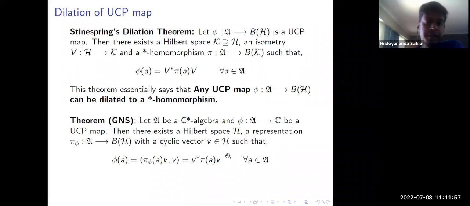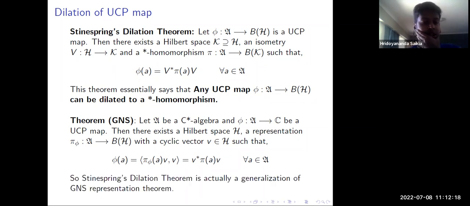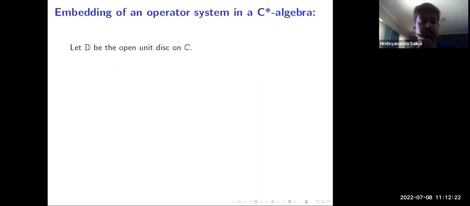This idea of dilation has a separate theory, a different domain of study, called dilation theory. I use a lot of tools from dilation theory in my work. So the dilation theorem is actually a generalization of the GNS representation theorem.